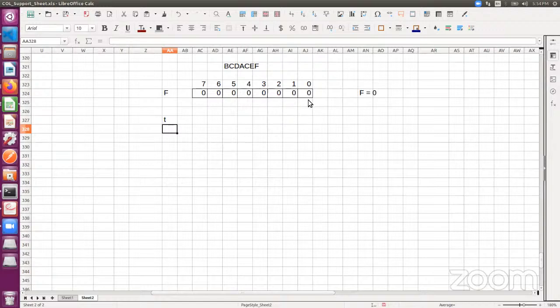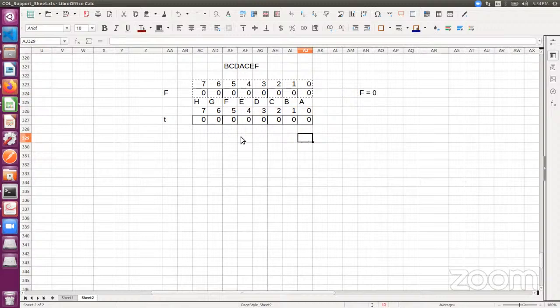I'll just mark it here: A, B, C. Now I'm considering the first character B. So which bit of T should be marked as 1 to represent B? Yes, bit number 1 should be marked as 1.